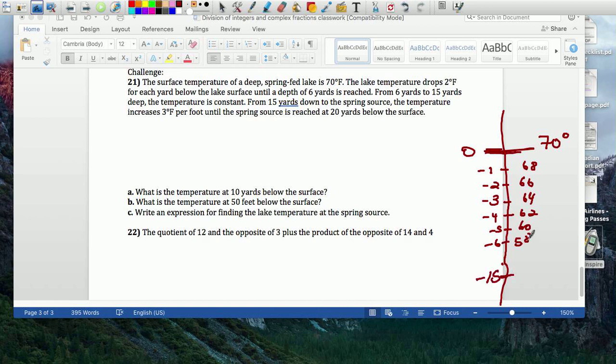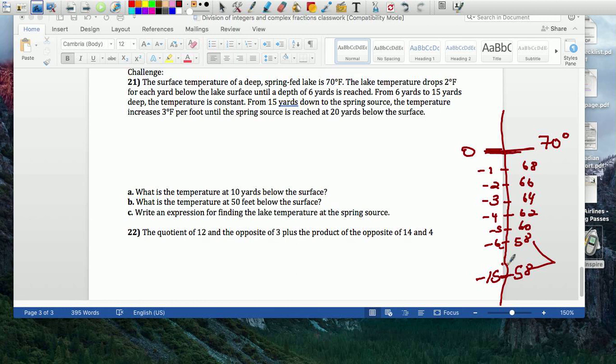So at -6, 58, so this is also going to be 58 degrees. So from here, in this area, from -6 to -15, the temperature seems to be the same. From 15 yards down to the spring, which is all the way down at 20 yards, the temperature increases.